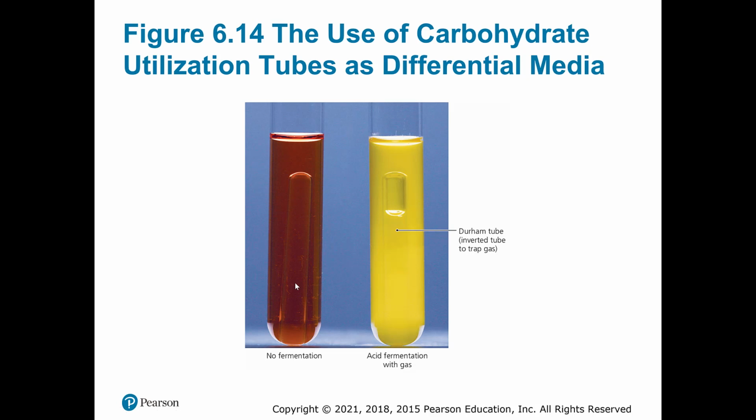Everything stayed red, so no acid was produced, no gas was produced, and that means that bacteria did not ferment the glucose that was in this tube. But on the right, this microbe did. So now you can tell the difference between two different microbes based on their use of sugar.